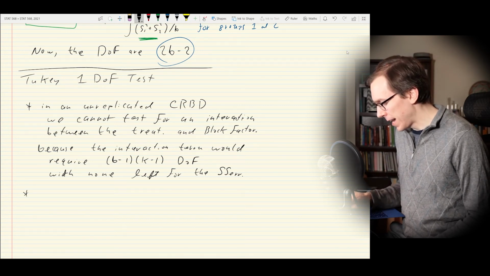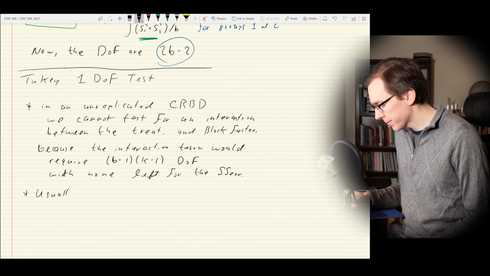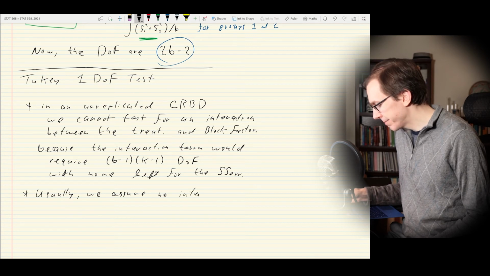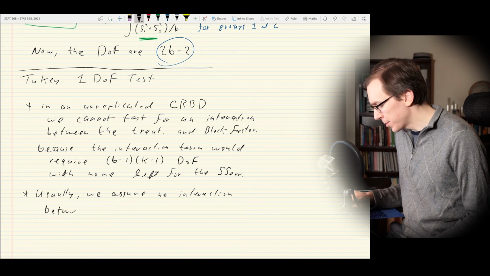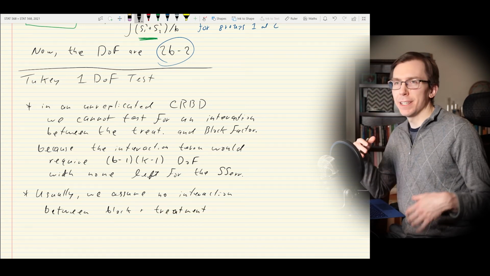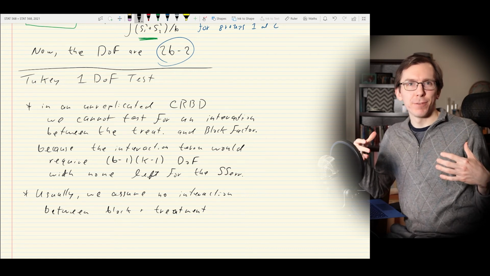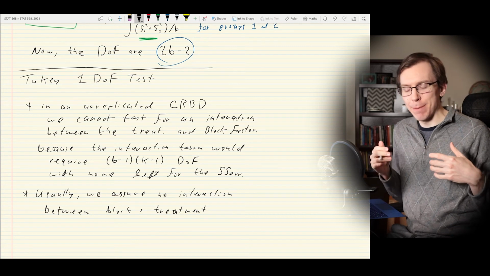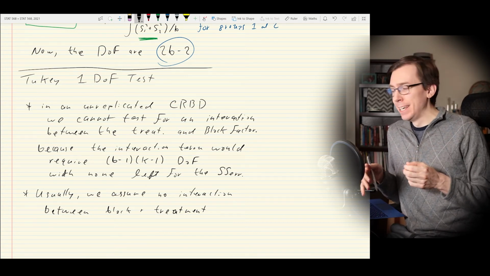But I do want to note that usually we assume no interaction between the block and the treatment. So again, this would be like going back to that blood pressure medication versus smoking example I was using earlier in this lecture.